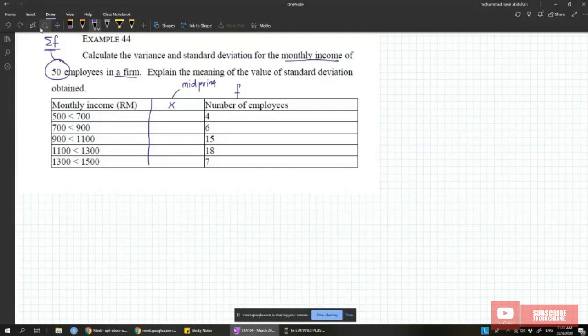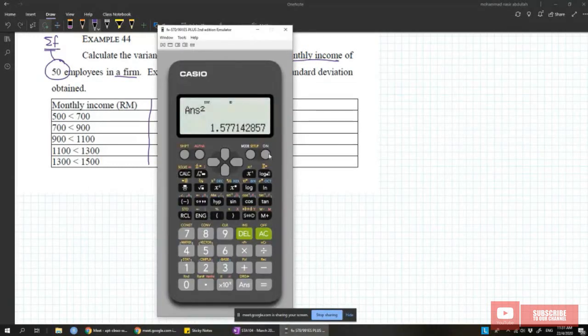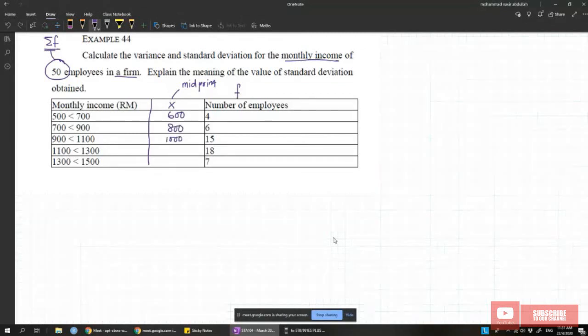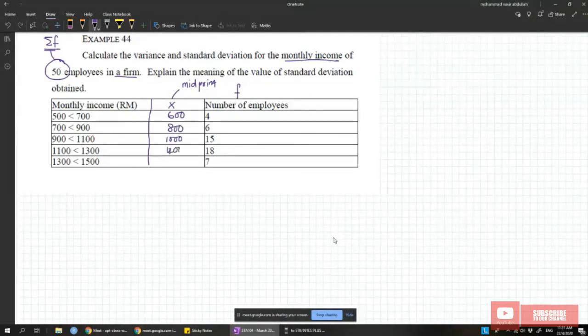So how to get the midpoint? 500 plus 700 divided by 2, it should be equal to 600. So this is 600, this is 800, this is 1000, 1200, 1400.